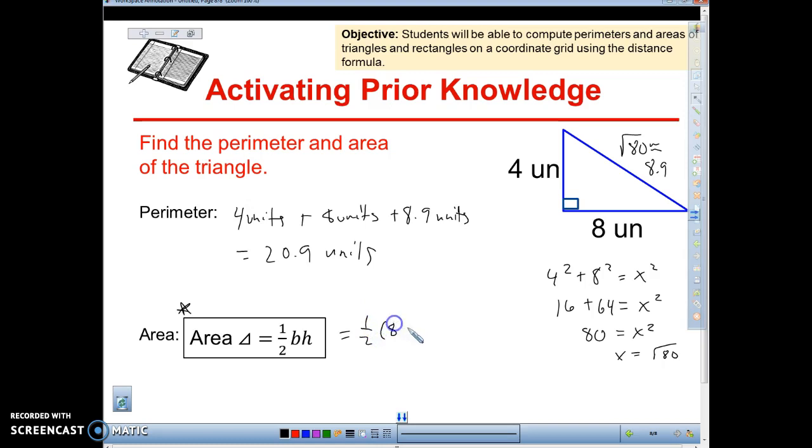Our base is 8 units, and our height is formed perpendicularly, so that's going to be 4 units. So 8 times 4 is 32 units squared, and we're going to divide this by 2, giving us 16 squared units.